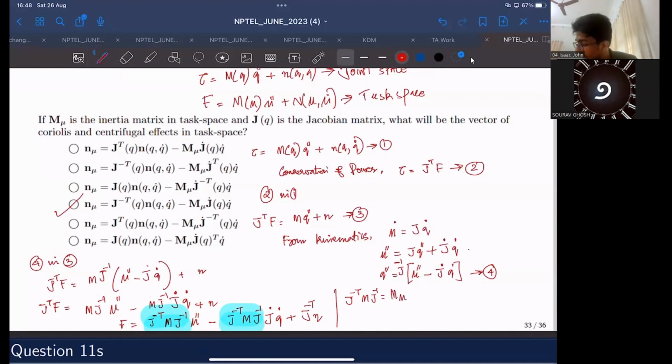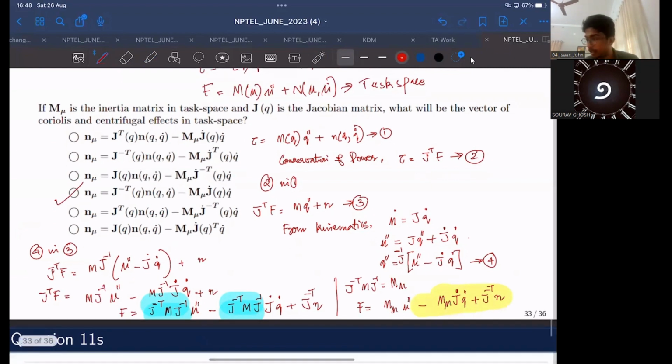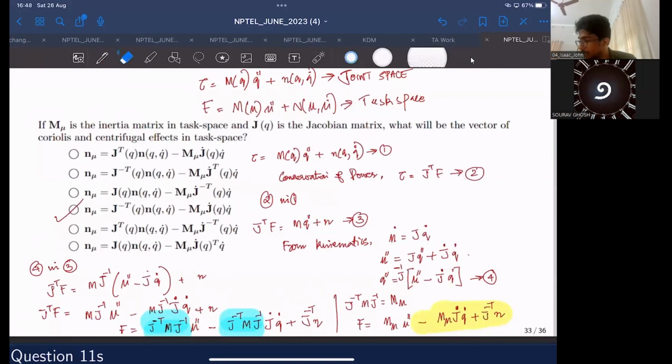Right? Now I can write F as M mu double dot minus M mu J dot Q dot plus J inverse transpose N. This entire term would be your new vector of centrifugal and Coriolis components in the task space.